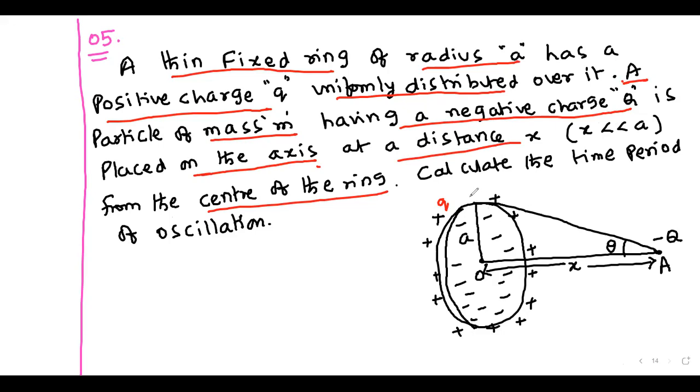Now see here, we have a ring having a charge q, and a particle. Observe carefully: the ring will have more charge, so this particle will move towards the ring and away from the ring.